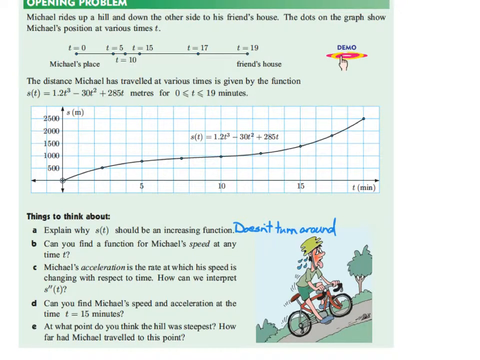Because this is constantly increasing, when we take the derivative, it will give us speed. However, if we had changed direction, it would not necessarily give us speed.